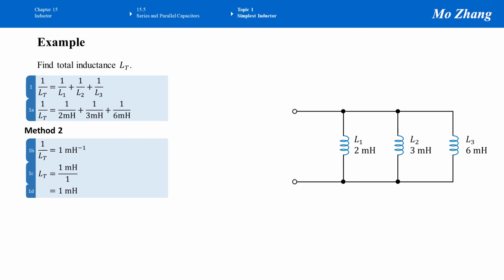I prefer the second method. It's easier. During the calculation, we don't need to worry too much about the unit. Once we calculate the final answer, we put the unit at the end. One thing to make sure of is that we align all the prefixes, which means all terms have the same prefix. For example, at step 1A, for this question, all numbers have the same prefix, which is milli.